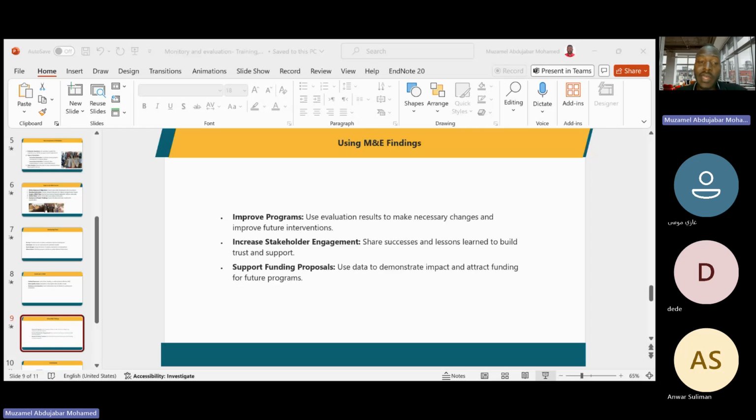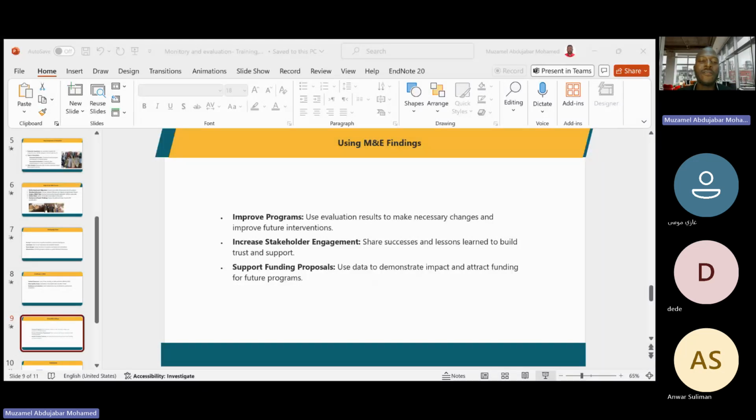A recap: monitoring and evaluation are essential for assessing program effectiveness and enhancing accountability. It is assessing the effectiveness of the program. Effectiveness means you can achieve your goal 100%.